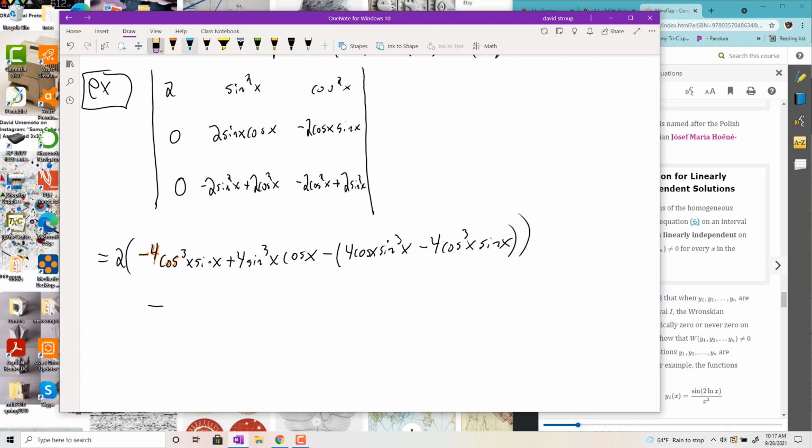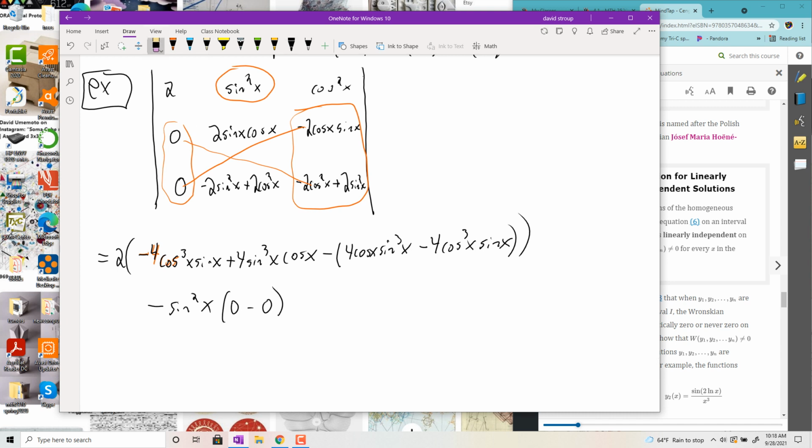Then the next term minus, and this time we are taking sine squared in front. So we have sine squared x. And then the determinant will come from these parts, right? So 0 times 0 is just going to be 0, this part, and then 0 from that part. So 0 minus 0, so that's not too painful. 0 minus 0.